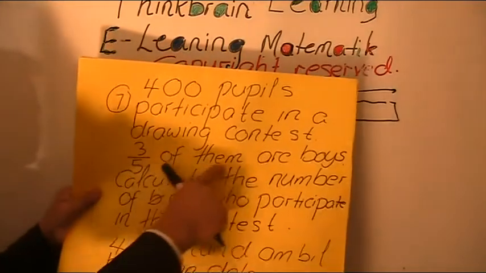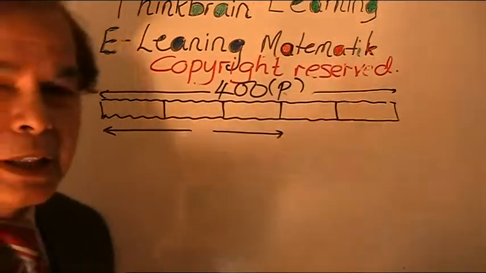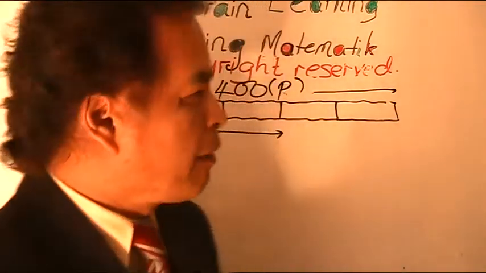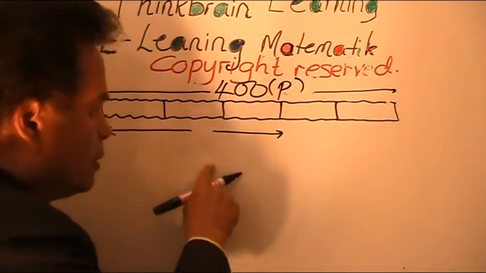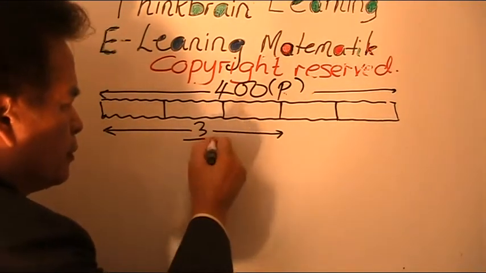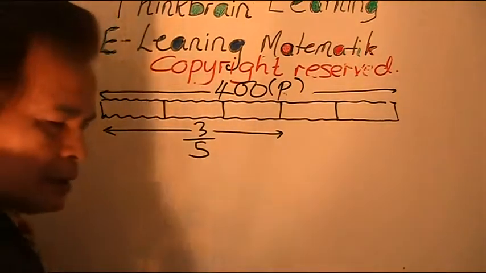3 lagi, apa lagi maklumat? 3/5 of them are boys. 3/5 daripada mereka itu adalah lelaki. So, what do you put here? Yes, 3/5. Okay. What else can I put here besides 3/5?